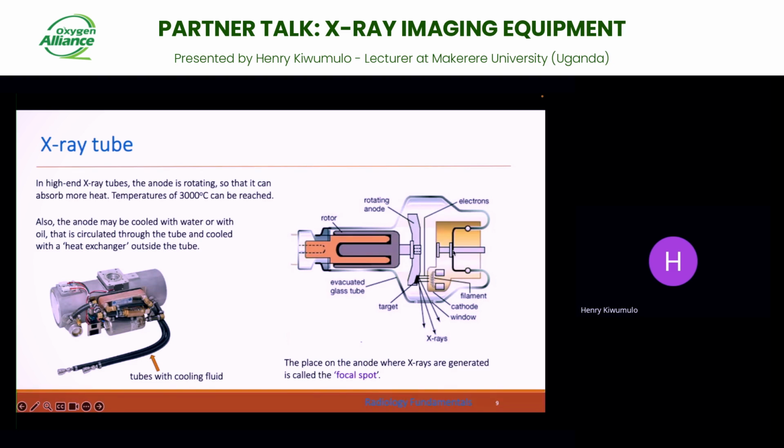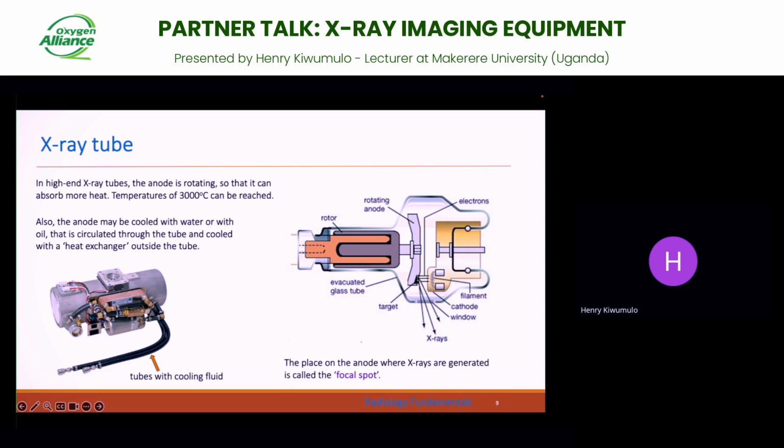Schematically, this is what happens within the X-ray tube. There is a low voltage effect that gets onto the filament, and then the filament gets heated. As it is heated, it generates electrons, which flow to the anode by means of a voltage.